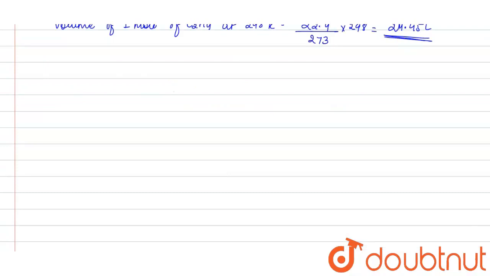So see here, 24.45 liter of ethylene, that is C2H4, produces heat equal to 1464 kilojoule per mole, right? It is given in the question.